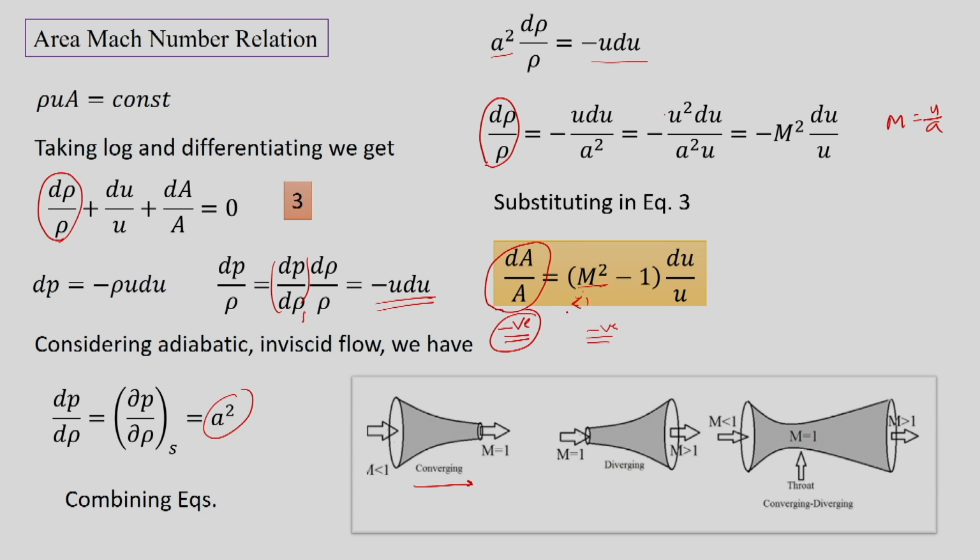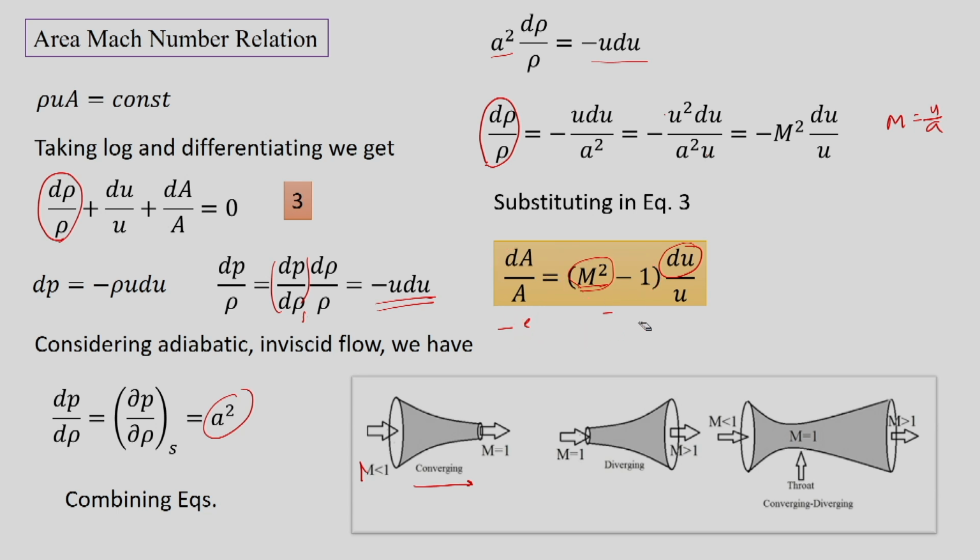If the Mach number is less than 1, then this term will be negative. If this term is negative, then for the total product to be negative, this term becomes positive. That means when area is decreasing in a subsonic flow, velocity increases. So this becomes the nozzle for subsonic flows.